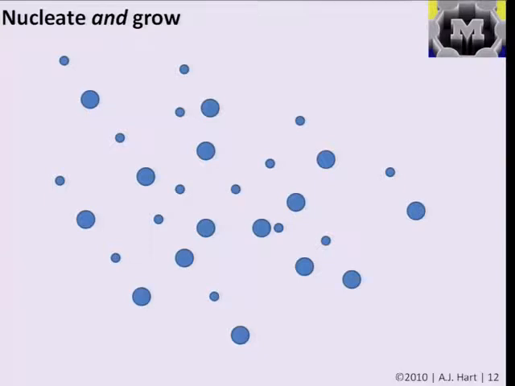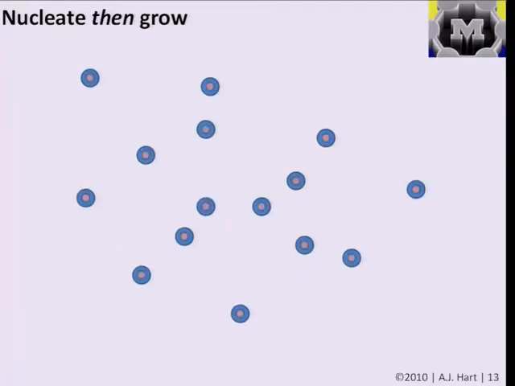And this is an effective process to make small structures, but there's a decided difference between doing this and first nucleating the structures and then growing them, whereby after I turn the nucleation process off, I only add material to the existing structures rather than create new nuclei in the first place.